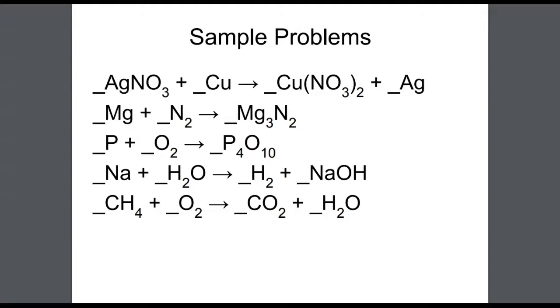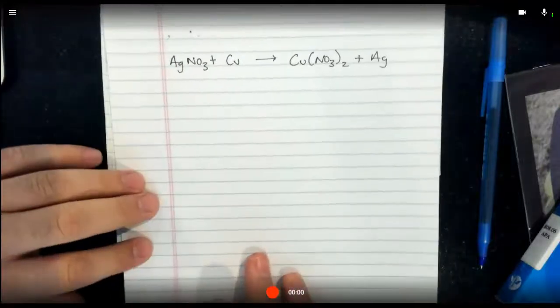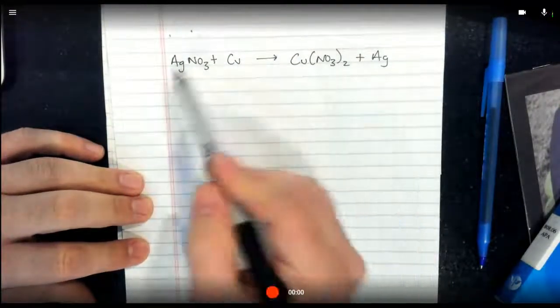Name of that is silver nitrate plus copper yields copper nitrate and silver. So if we go back here, we can see our formula. So now we want to balance the atoms that appear once on each side.